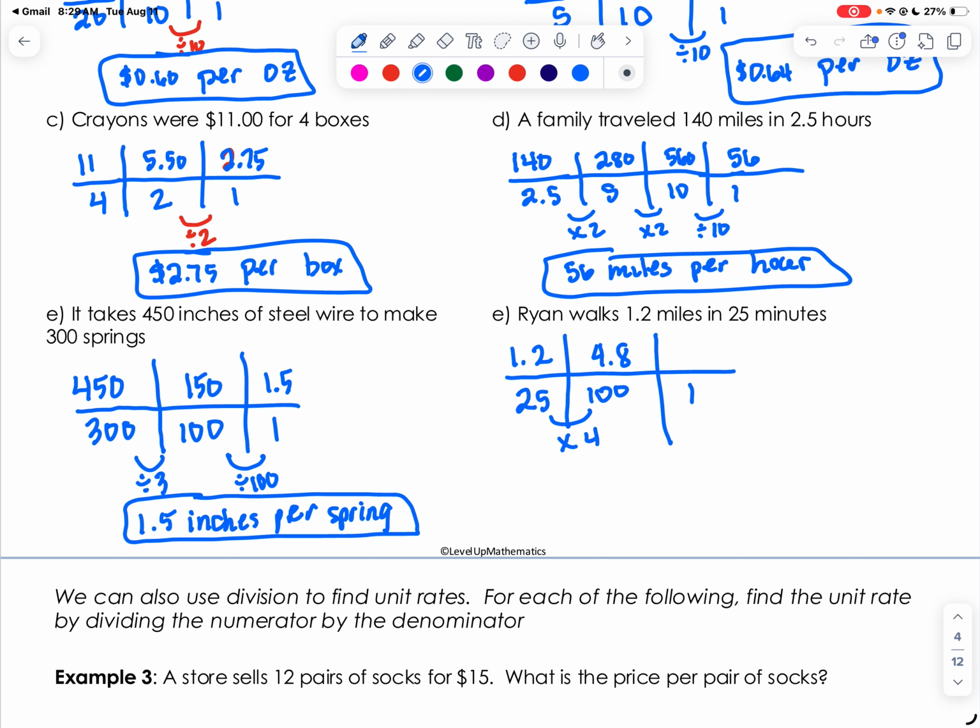Now, it's easy to go from 100 down to 1 because all we would have to do is divide by 100. So 4.8 divided by 100, just move your decimal in 2 places, and you'd get 0.048 miles per minute.